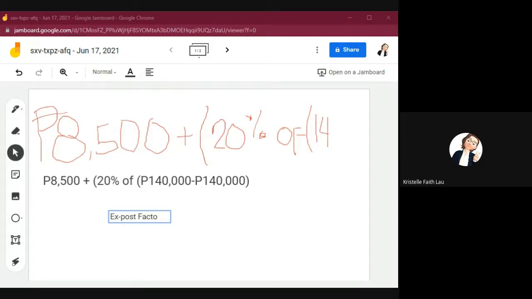So next question nako is, can anyone enumerate the characteristics of taxes? First is, kay as to purpose of the taxes, classification of taxes as to its purpose.